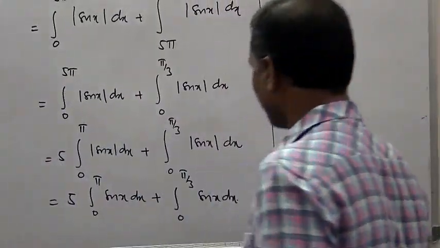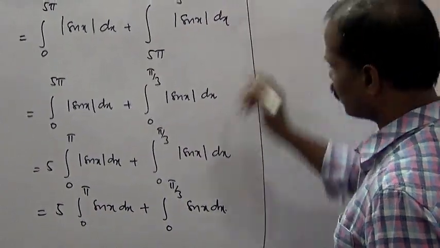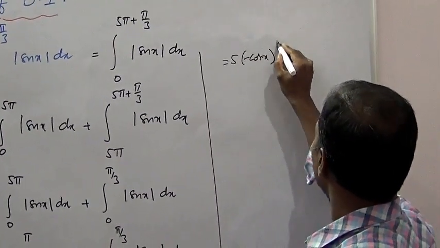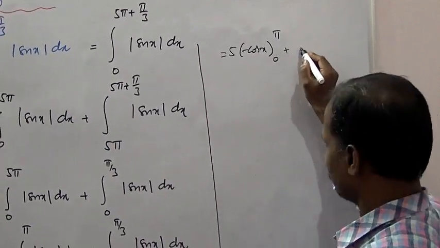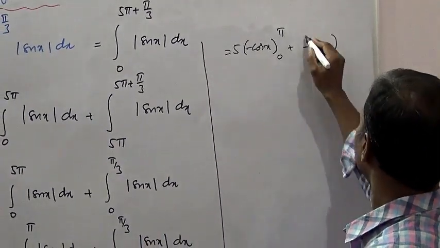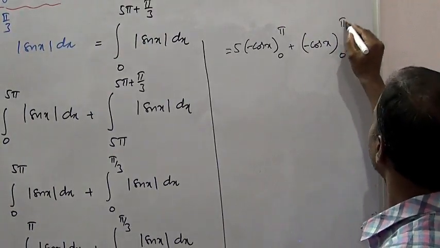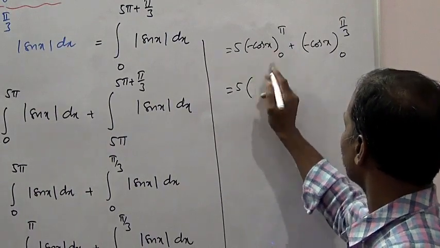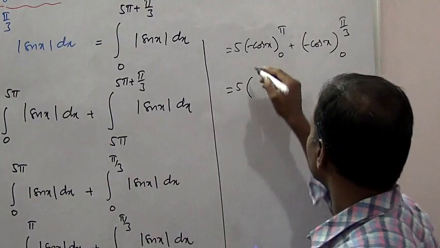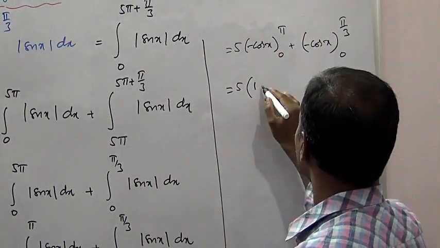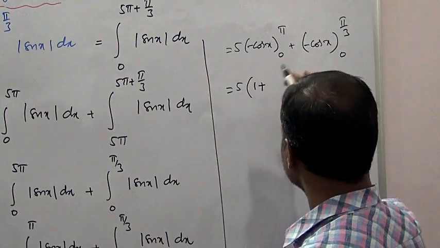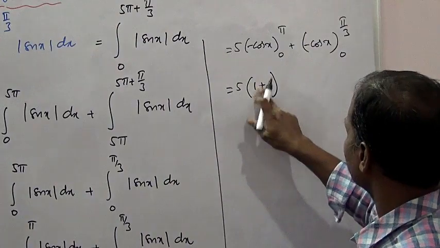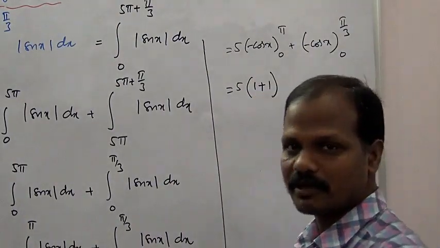Now this is equal to 5 times the integral of sin x, which is minus cos x, from 0 to pi, plus minus cos x from 0 to pi by 3. Now this is equal to 5 times minus cos pi, and cos pi is minus 1, so minus of minus is plus 1, plus cos 0 which is 1, using the fundamental theorem of integral calculus.